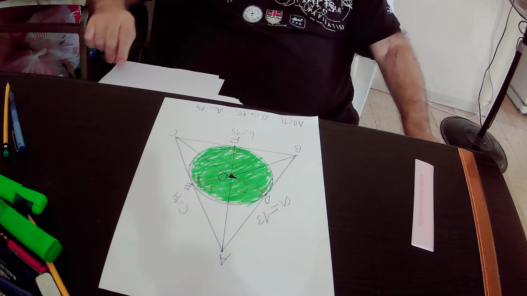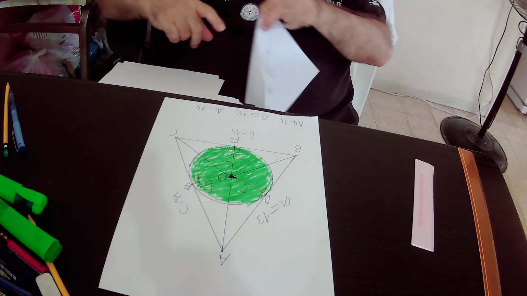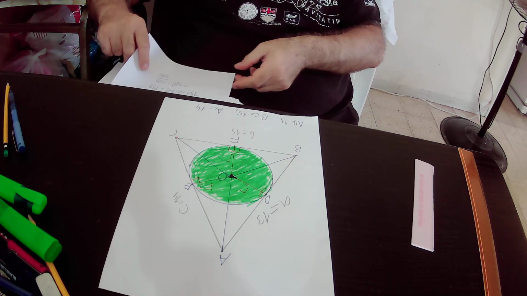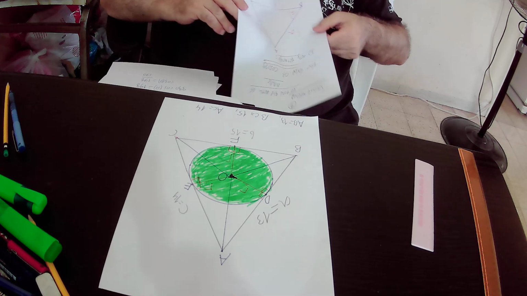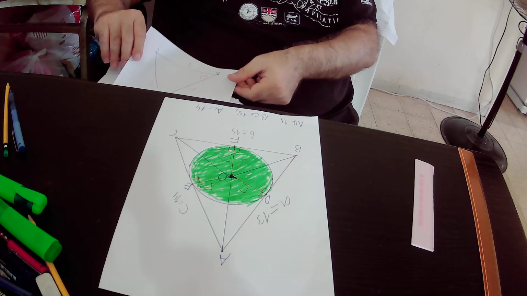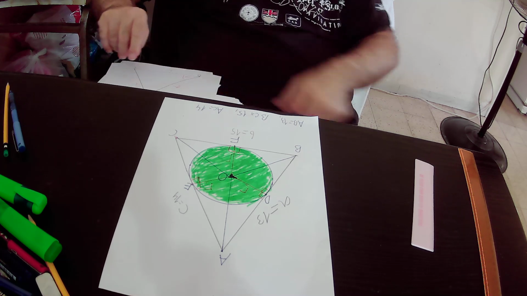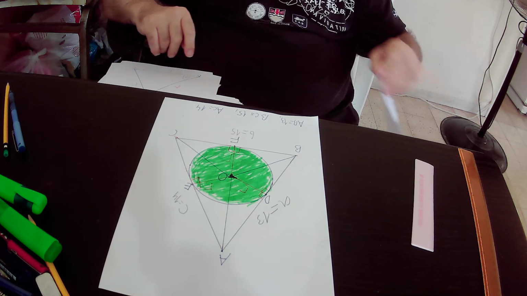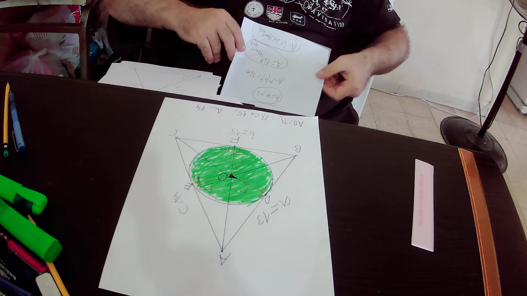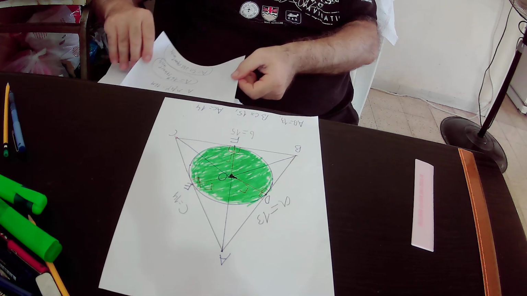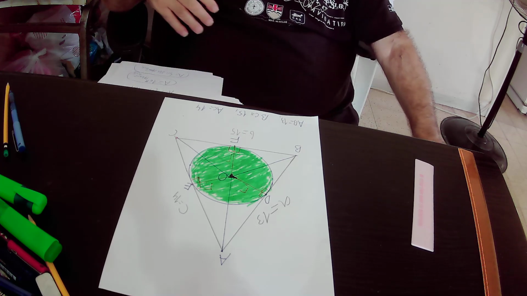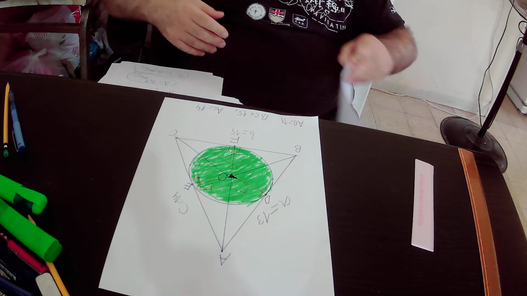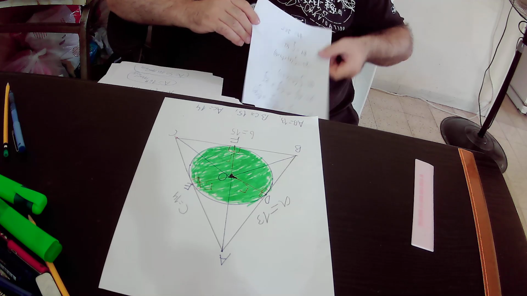So, first of all, we defined the term semi-perimeter. What is the semi-perimeter? The semi-perimeter of any triangle equals the perimeter of the triangle, that is, the sum of its sides, over 2.